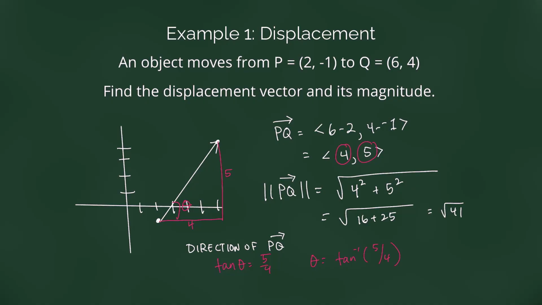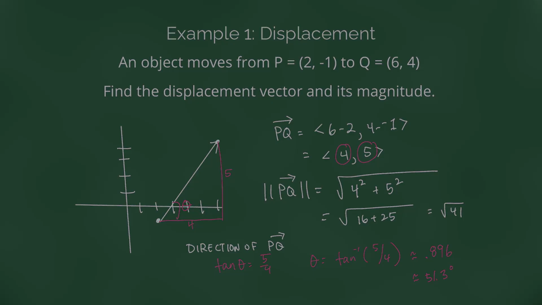We can use a calculator real quickly and see that the inverse tangent of 5/4 is in fact, in radians, about 0.896 radians. If you want that in degrees, you can write it as 51.3 degrees approximately.